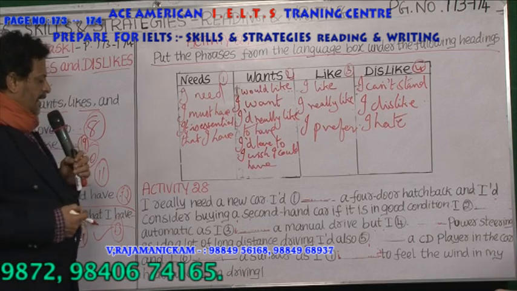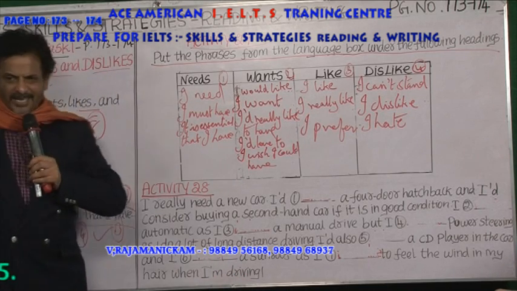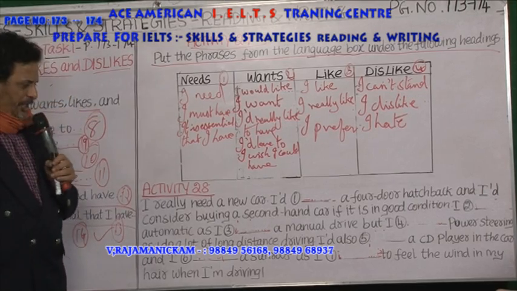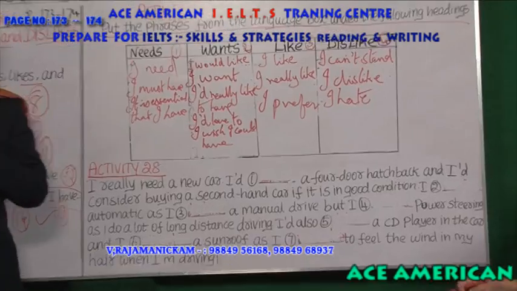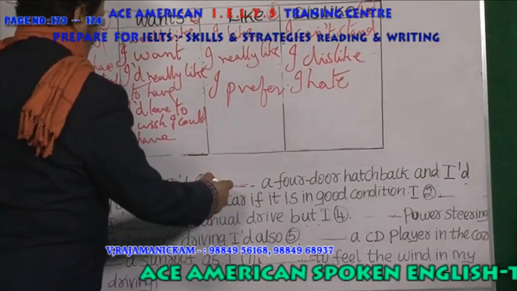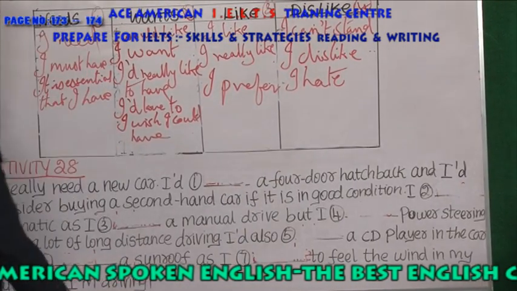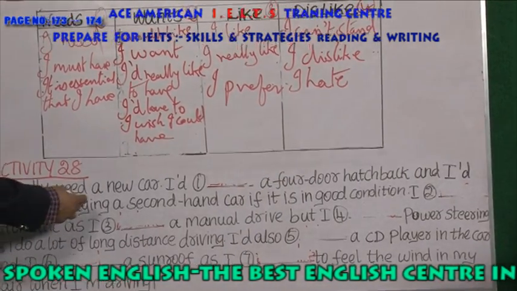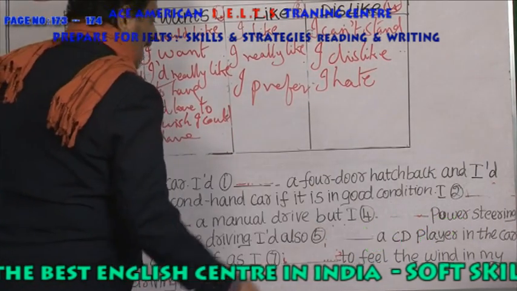So coming here, activity 28. I really need a new car. I'd dash a 4-door hatchback, and I would consider buying a second-hand car if it is in good condition.